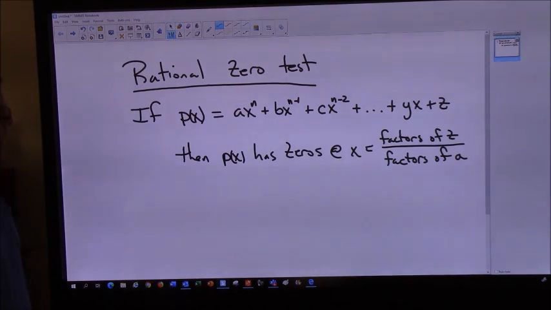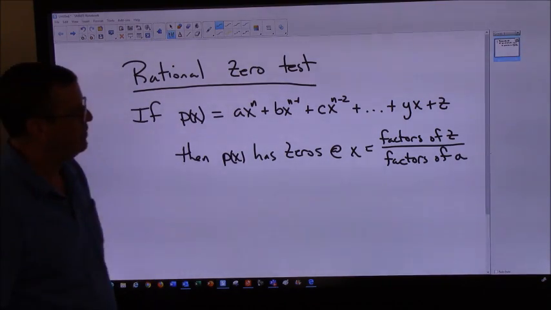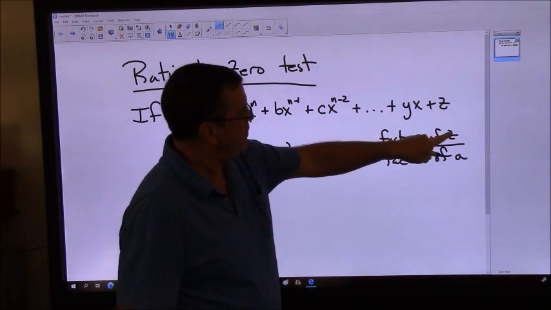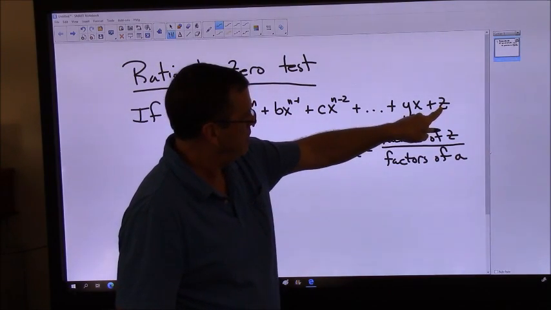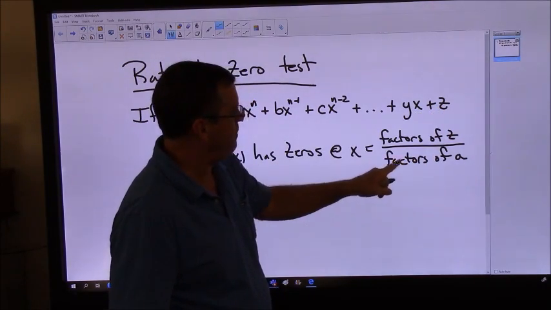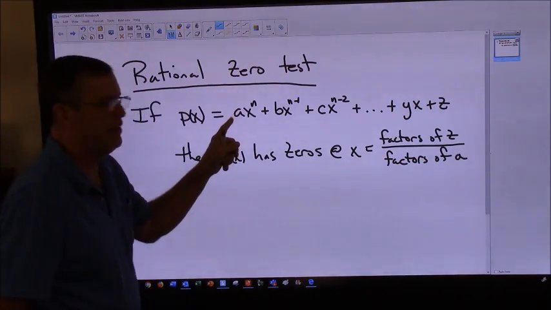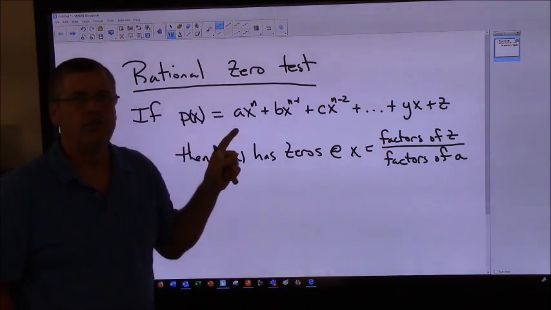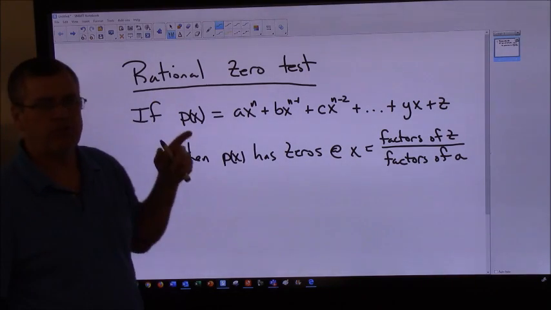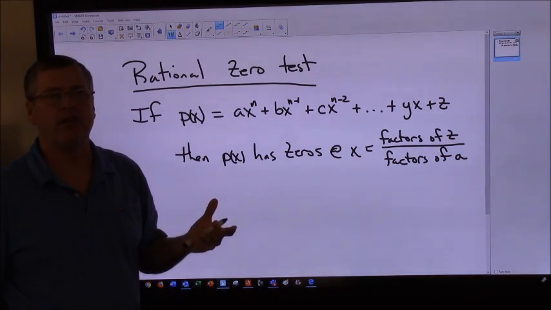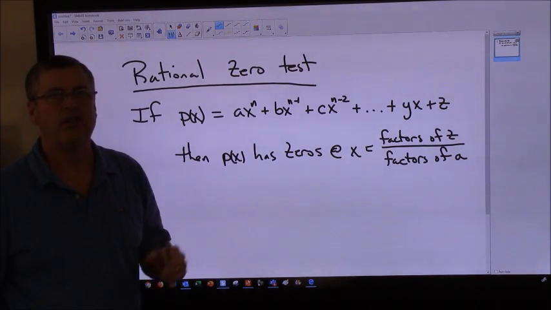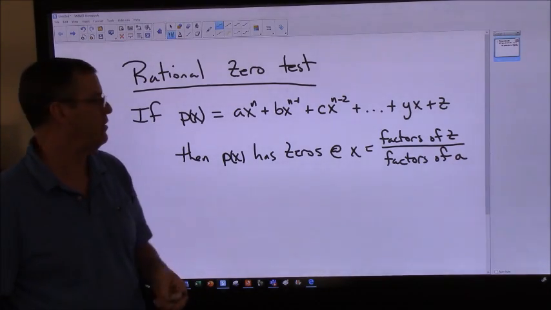Then the polynomial has zeros at factors of z, this number, divided by the factors of a, this number right here. Now remember, the word rational means numbers that can be written as a fraction.